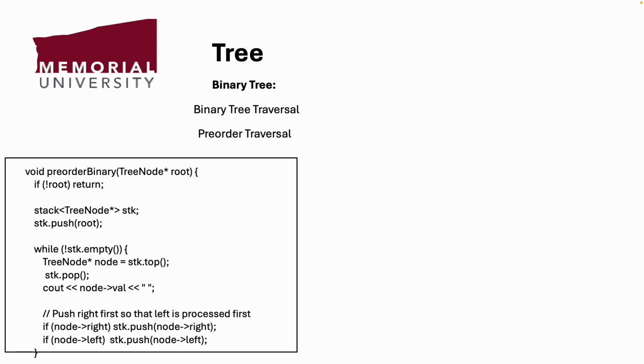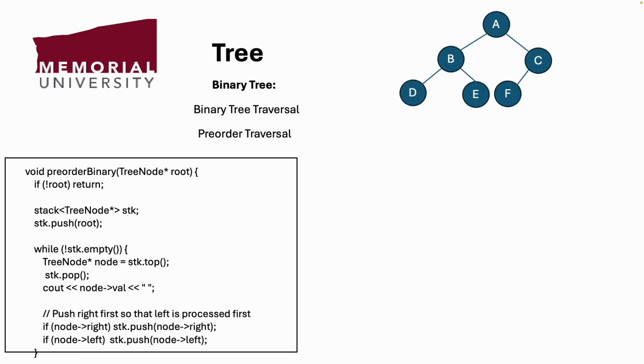Okay, let's go through this code together, with the same example tree. We have the stack. First is the root. The root is A, and we push it into the stack.